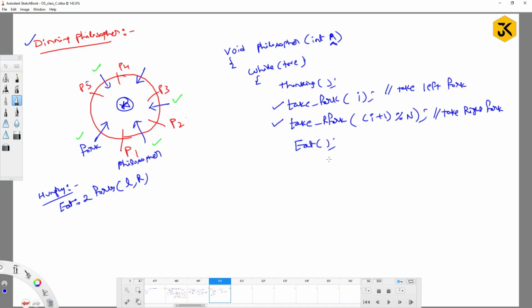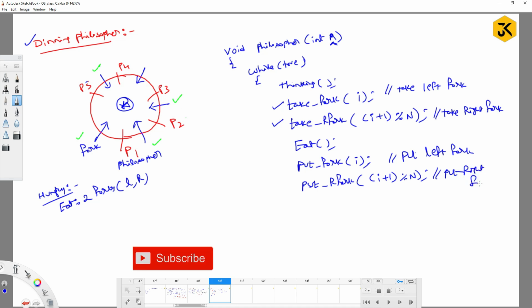Right? Once they complete their eating process, what will they do again? They will put the left fork of I and put the right fork of I plus 1 mod n. So this is nothing but put left fork and put right fork.